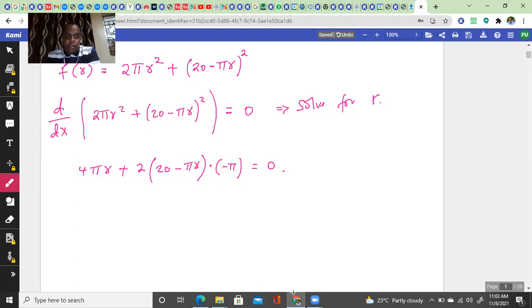And if we do, we will get 4r minus 2 times 20, 40, plus 2 pi r equals 0, right?